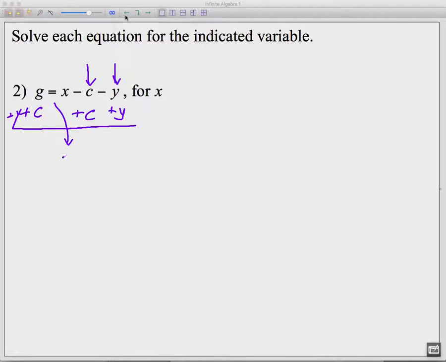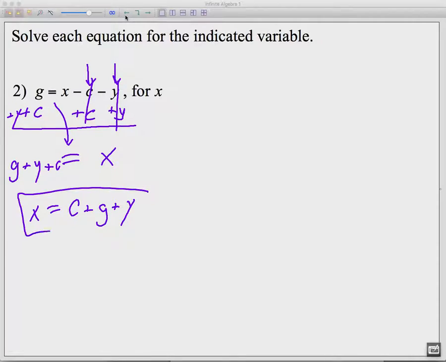So I'm going to drop my equation down. The c's cancel, the y's cancel, and on the other side I have g plus y plus c. Okay, and then again, preference, I am going to put the x on the other side this time, and I'm also going to put my variables in alphabetical order. So there's my answer for number 2.